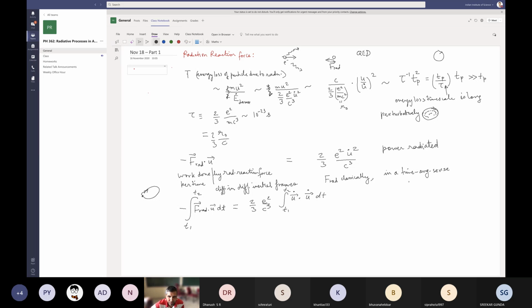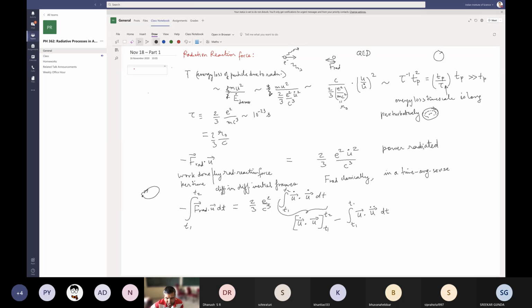But what we say is that we will interpret this in a time average sense, and we are just integrating it. Now this term we can actually simplify using integration by parts. So this is u dot u, right? This is the first term when you take limits from t1 to t2, minus integral u dot u double dot dt.